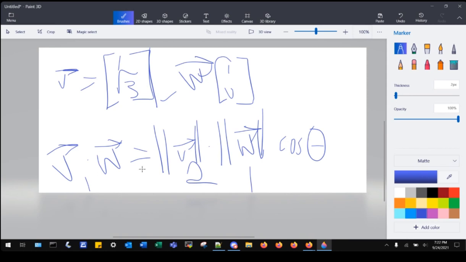So 1 equals 2 times 1 times cosine theta, which means cosine theta equals 1/2, which means theta equals pi over 3.